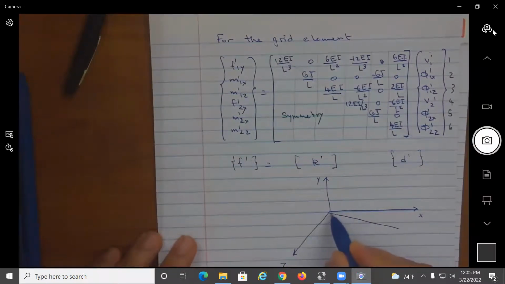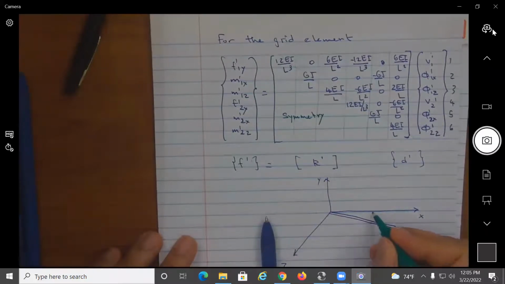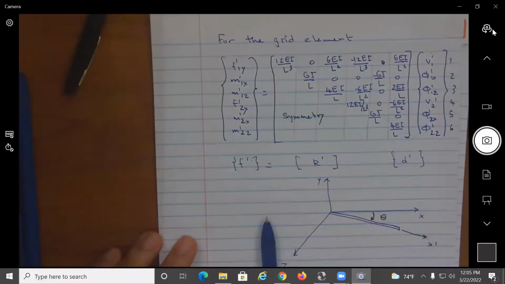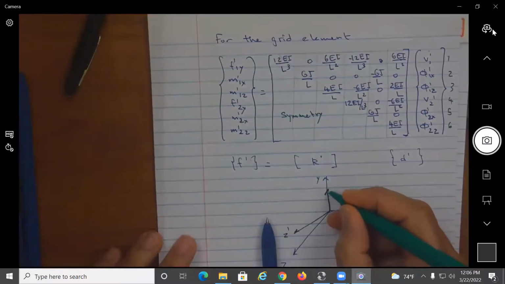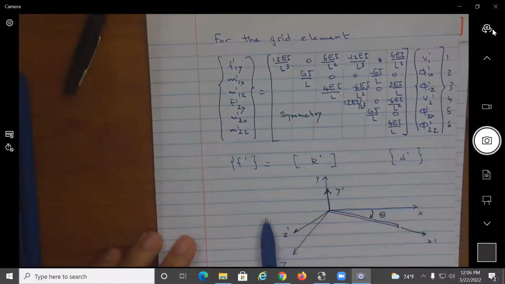So here is my element. And now I can see my local x prime makes an angle theta with x. I'm going to get a z prime that also makes an angle theta with z. So this is going to be z prime, but y prime is going to remain in the same direction as y, which makes things easier.